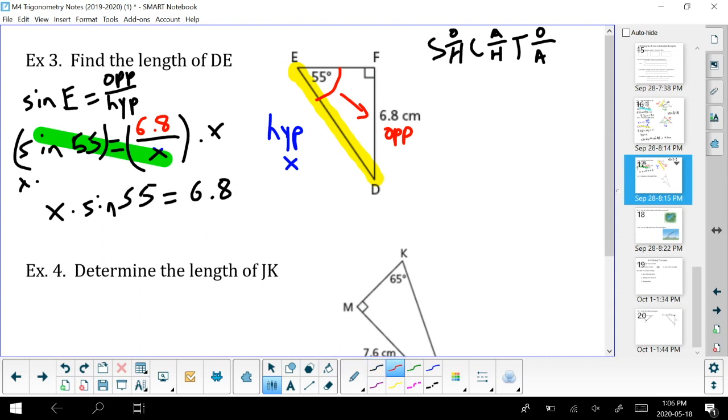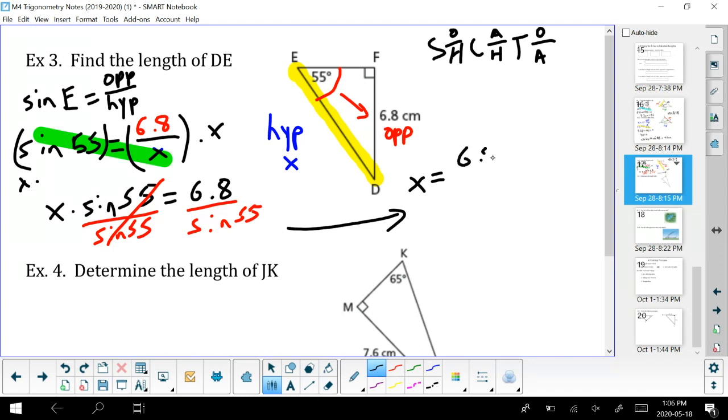Now we need to divide both sides by the sine of 55. And we are finally left with x is equal to 6.8 divided by the sine of 55. So let's punch that into our graphing calculator.